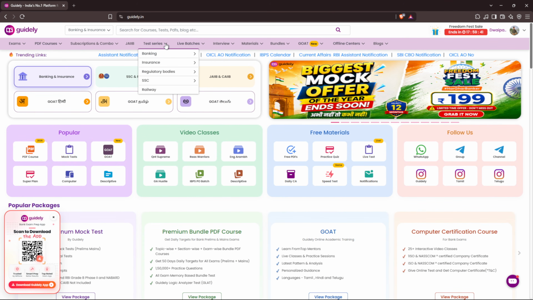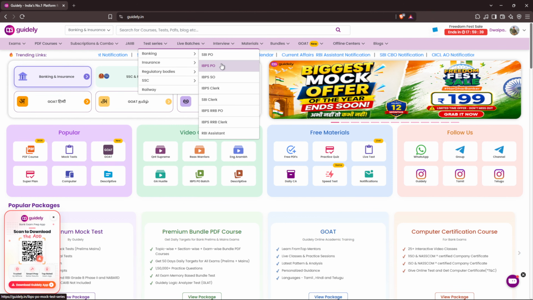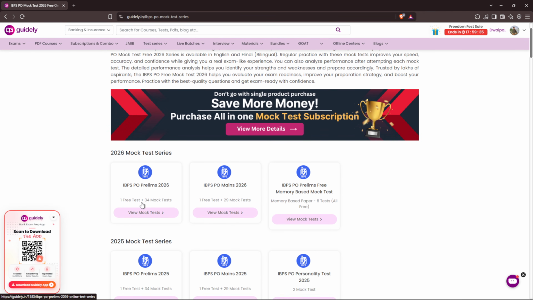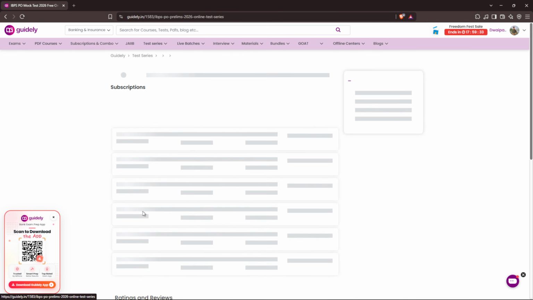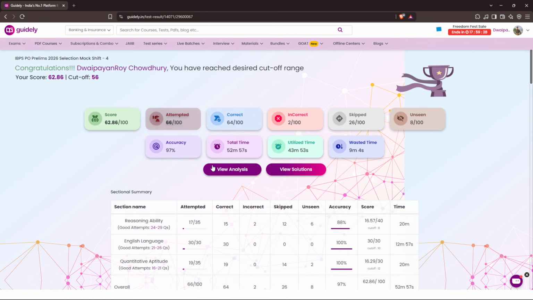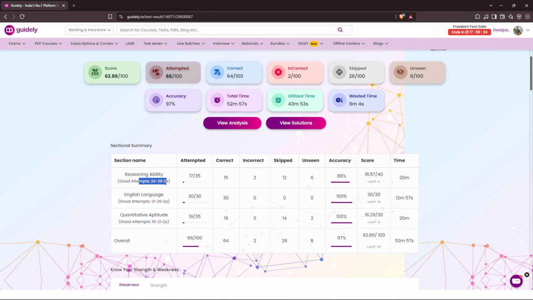I'm expecting somewhere around 50 to 55, especially because of that reasoning section, which is being a source of headache. 62, but yeah, I'm way lagging behind. Good attempts were much higher. I'm getting the sense. In quants, I'm still doing fine, but in reasoning, just way out of the competition.